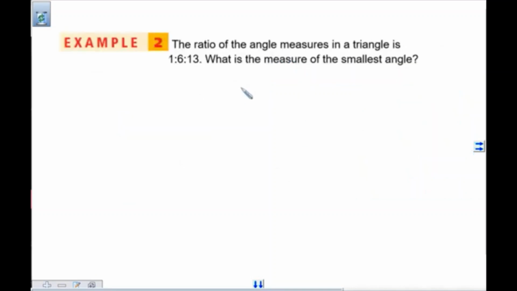Next up, the ratio of the angle measures in a triangle is 1 to 6 to 13. What is the measure of the smallest angle? So remember that we are dealing with a triangle, and all of the angles in a triangle added together always equal 180 degrees.